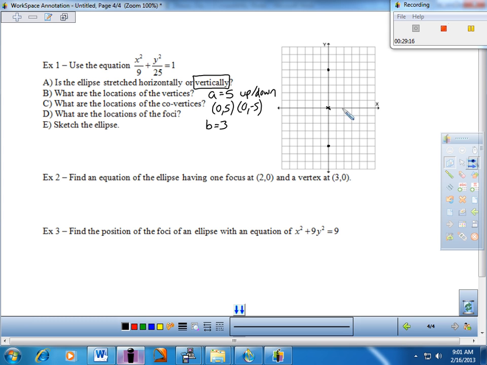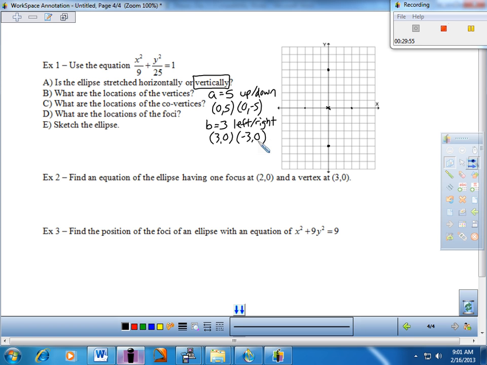So we're going to go right 3, put a point, left 3, put a point, and there are your co-vertices. So we went left and right for the co-vertices, just the other direction. And I'm assuming you can all give me a couple ordered pairs there. So how about 3, 0, negative 3, 0? And again, however you want to represent that, that's fine by me.